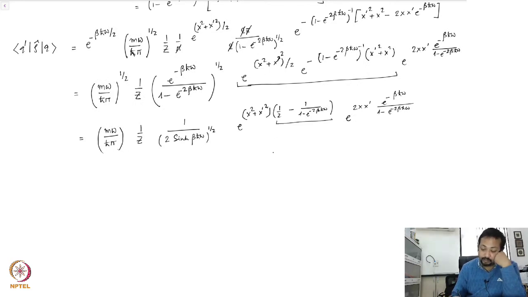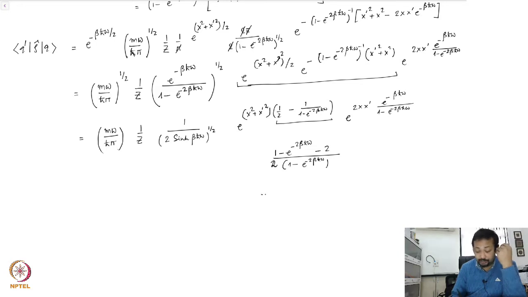This factor is half times (1 minus e to the power minus 2 beta h bar omega minus 2) divided by (1 minus e to the power minus 2 beta h bar omega).